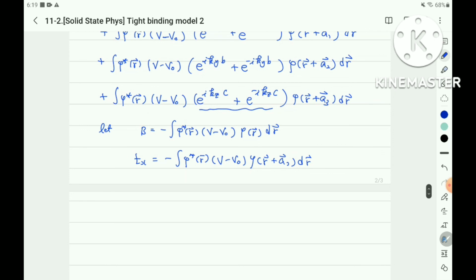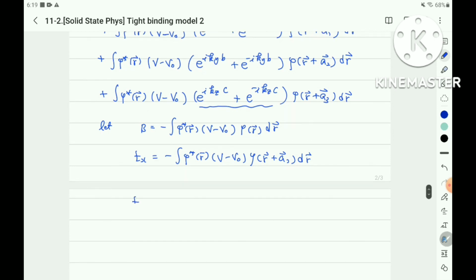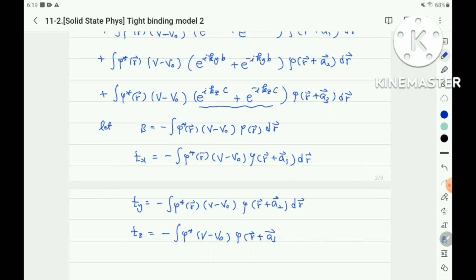Likewise, ty is minus phi star r, V minus V0, and phi r plus a2 dr, a transfer integral along the b direction, and tz is the transfer integral along the c direction, phi star, V minus V0, phi r plus a3 dr.